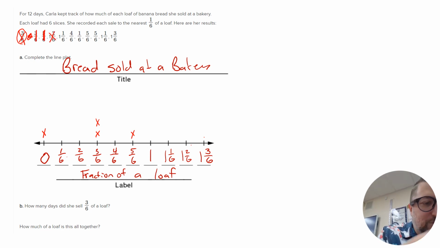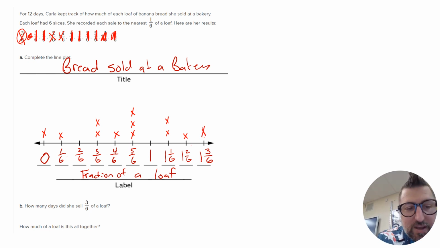This lets me keep track of which ones I've done. 1 1/6, 4/6, 1/6, 5/6, another 5/6, 1 1/6, and 1 3/6. So now you can see I have 0 loaves, 1 1/6, 1 2/6, and so on through.